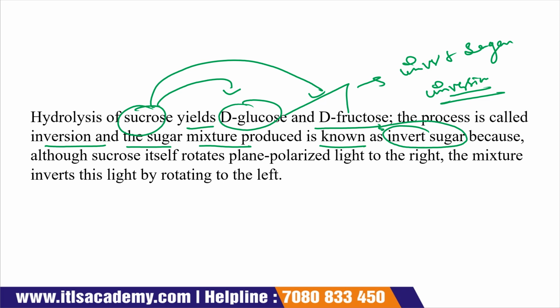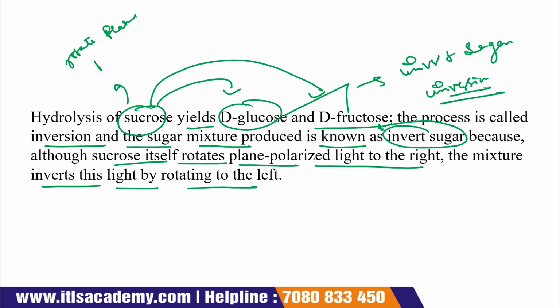because although sucrose itself rotates plane polarized light to the right, the mixture inverts this light by rotating it to the left. Okay, see why it is called invert sugar? Because sucrose rotates the plane polarized light to the right side.